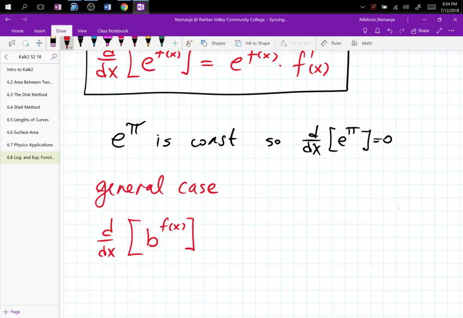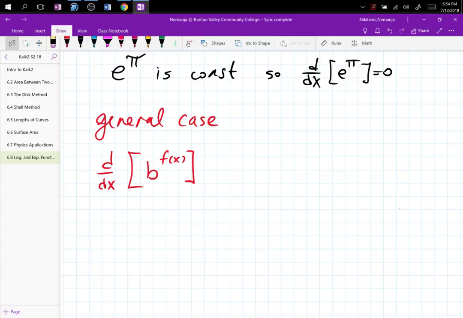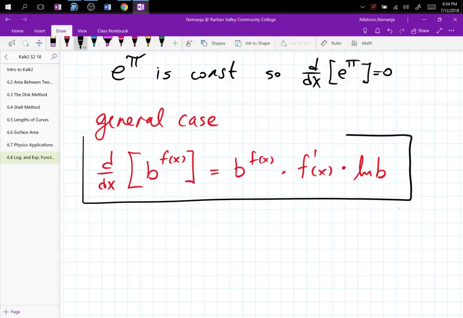So you are allowed to have any value as a base, not just number e, and you can have any function. You can't be more general than this. The derivative is, again, you copy b to the f of x, multiply that by f prime of x, and finally you multiply by ln of b.